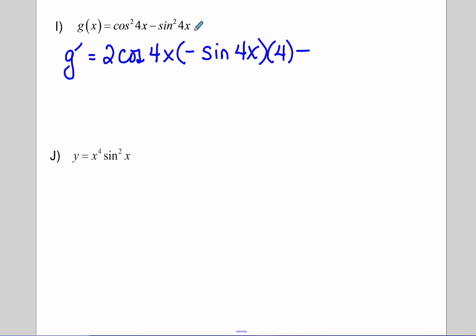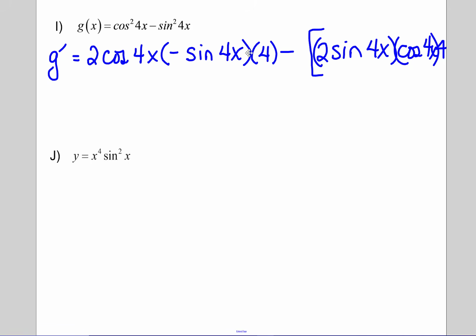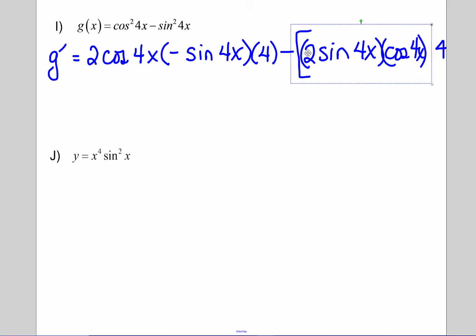And then subtract the derivative for this. So 2 sine, hold on to the 4x, times the derivative of sine, that's cosine 4x, and then take the derivative of 4x, that's 4.